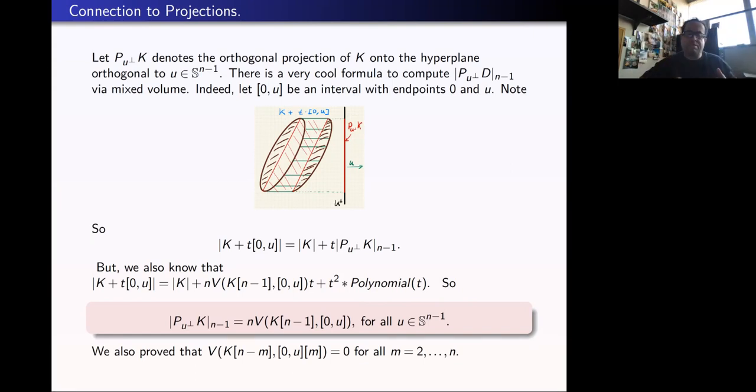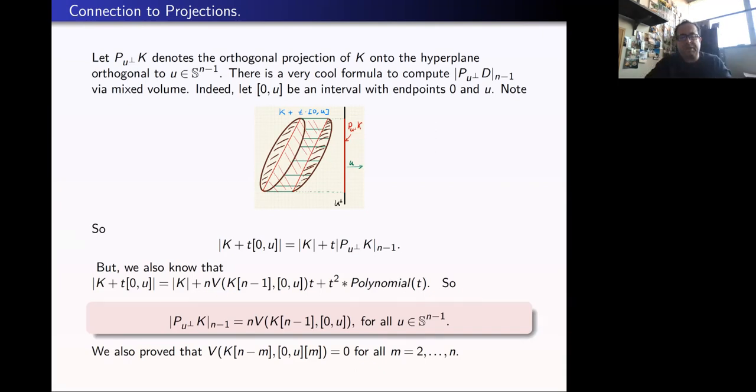I know that what I'm saying with fat seems like a joke, but actually it is not, because we see that this polynomial is of degree 1, so there is no t squared, t cubed, and so on, depending on the dimension. So that means that if you take a mixed volume and you take an interval more than once, the mixed volume is 0, because here the coefficient is 0, and when those two are equal as polynomials, you must have the same coefficients.